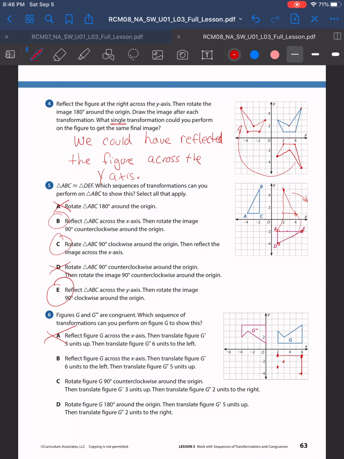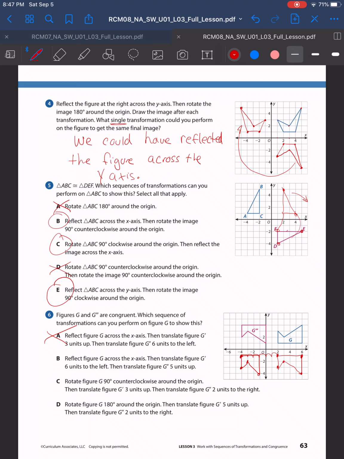It goes like this. Okay, so if I reflected it across the x, translated it 6 units to the left, 1, 2, 3, 4, 5, 6. Mine's a little bit off, isn't it?